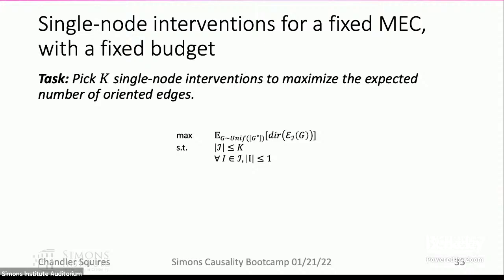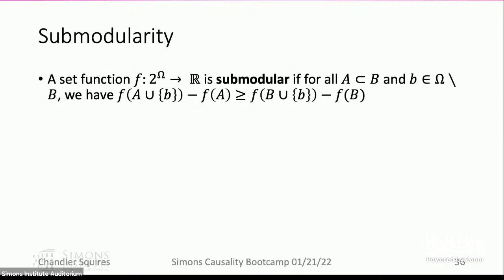And as I said, we're going to be doing single node interventions, and we're going to be choosing K of N. The point about it being good for combinatorial optimization is that this function we're going to end up trying to optimize is submodular. To review what submodularity is, this is a property of set functions, functions that take in sets.